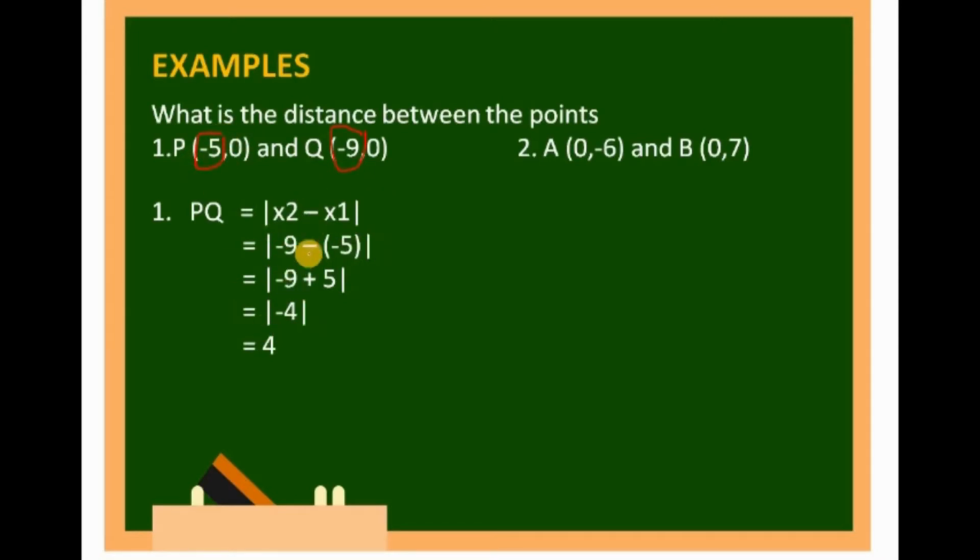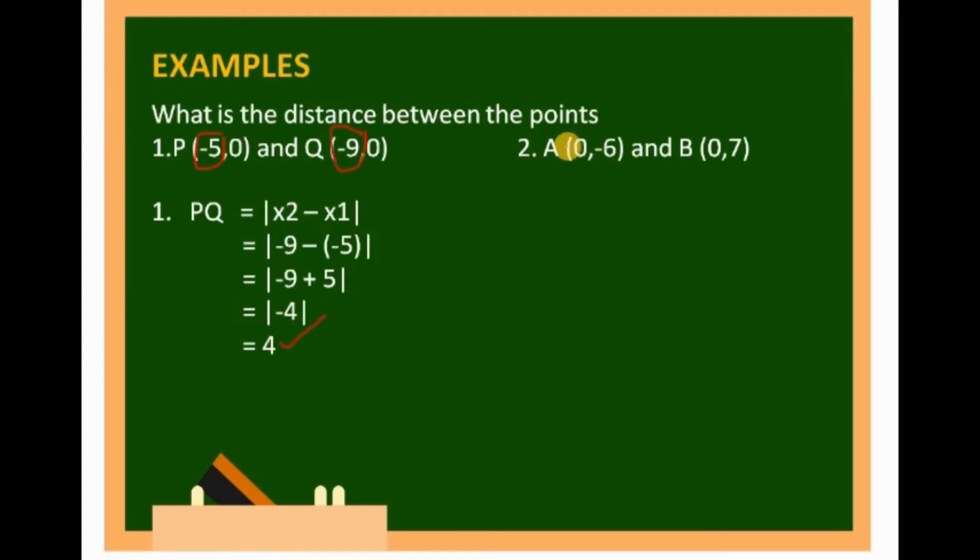Modulus of minus 9 minus of minus 5. Here minus into minus is plus. So modulus minus 9 plus 5, that is minus 4. Modulus minus 4. We will take the positive distance, that is absolute value. That's why it is positive 4.